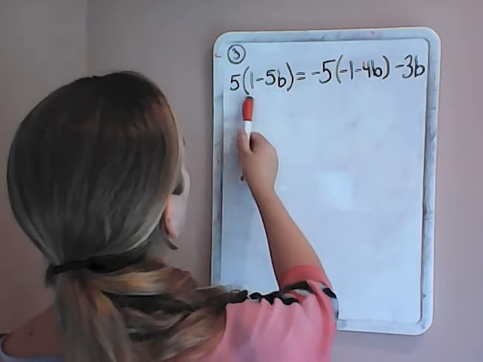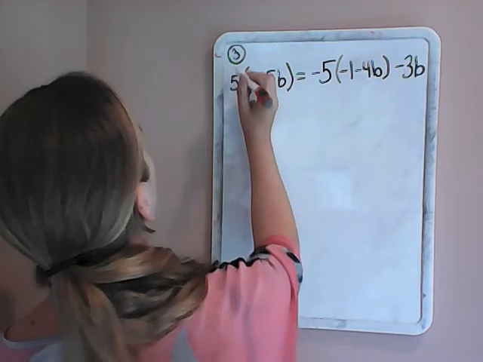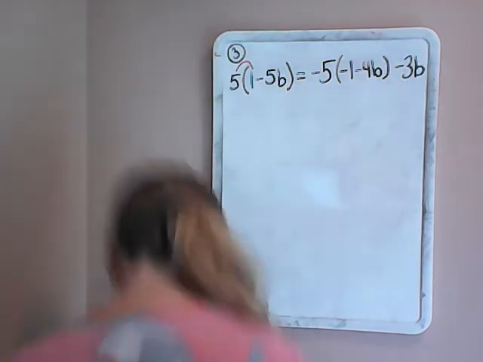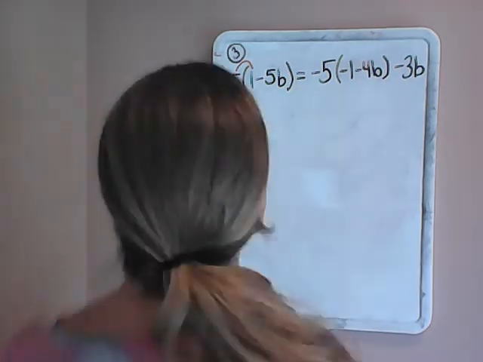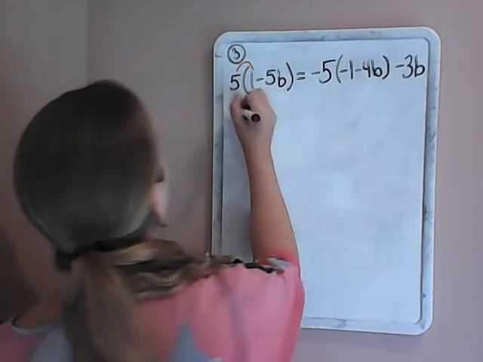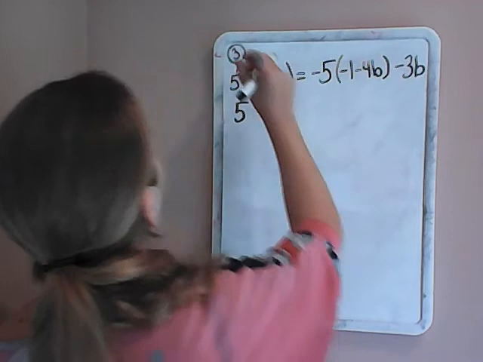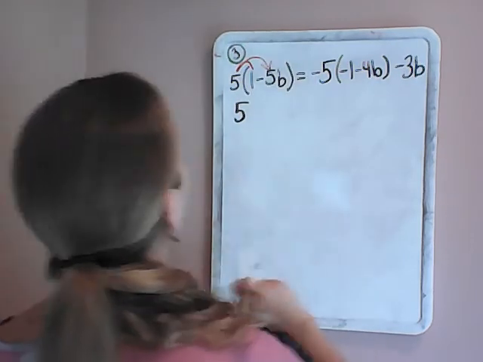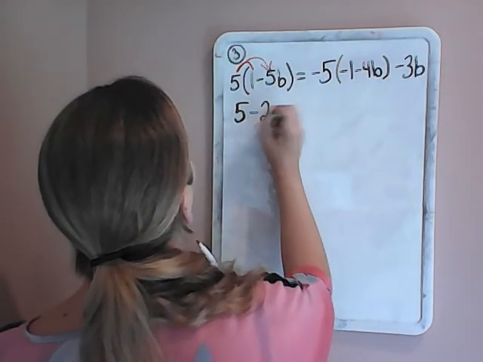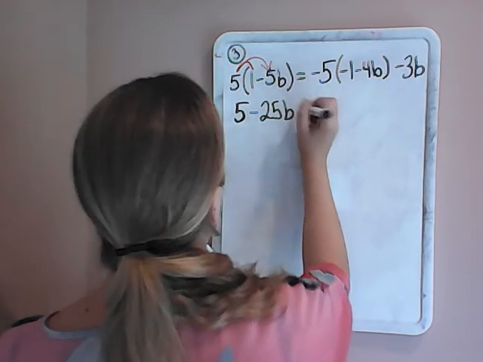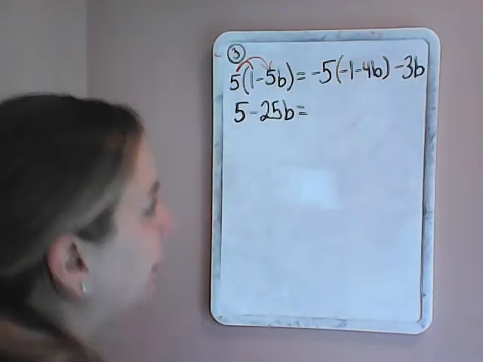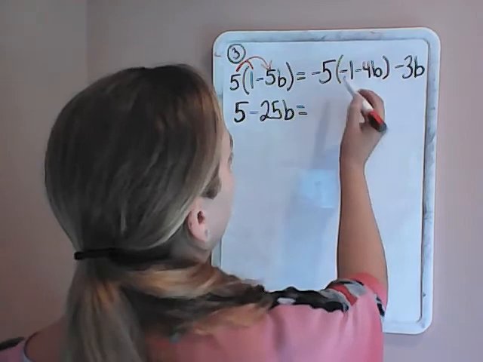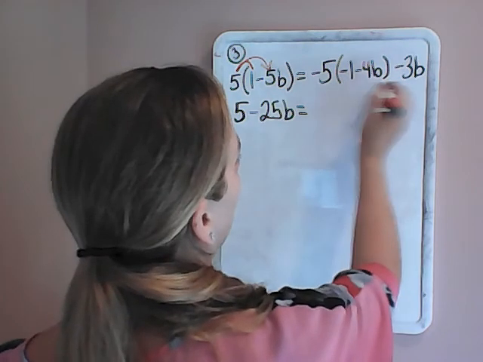This 5 gets distributed to everything in here. Let's do it. 5 times 1. Oh my gosh, I dropped my marker. Okay, 5 times 1 is 5. 5 times negative 5b is negative 25b. Equal sign comes down. Now this negative 5 is being distributed into the parentheses only.